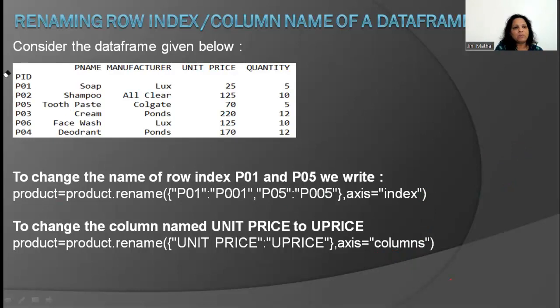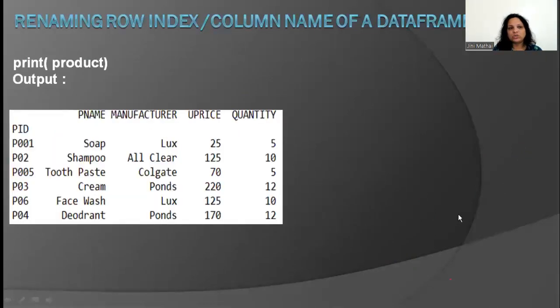I've written both the commands together and I will take you to the output together. Now, when I said print product, can you see that P001 has become P001 and P05 has become P005 and unit price has now become U price? Is that clear? So I hope the drop and the rename concept is clear.